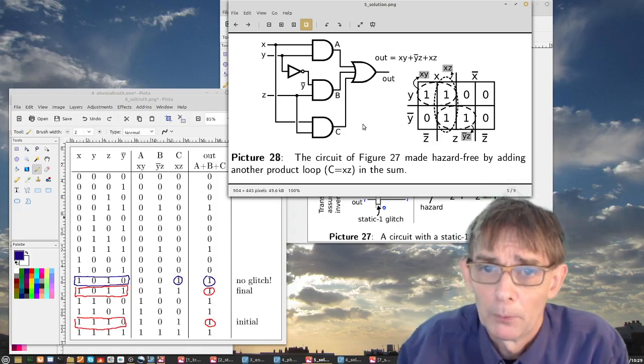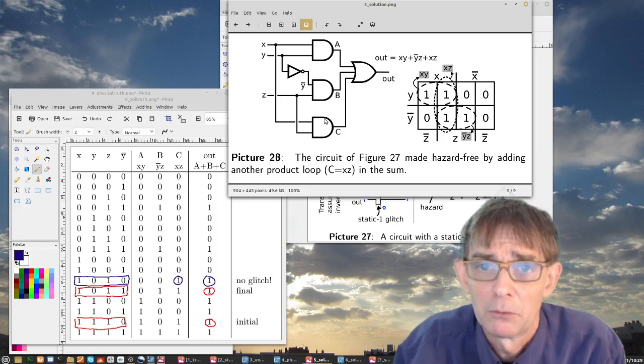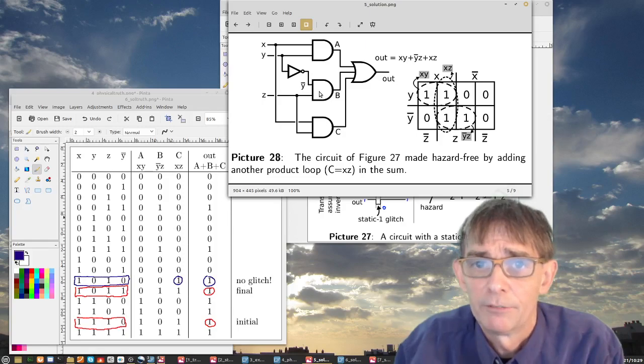And I want to point out to you that even if we don't have this inverter at the input, but we have, for instance, these AND gates, they are slightly different just because they are made from different transistors somehow, or from a different side of our IC. Then maybe they can also switch at slightly different times. And of course, this is exactly the same problem as this inverter causing a delay.